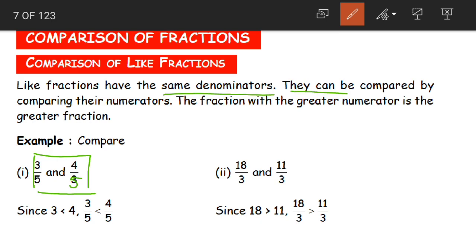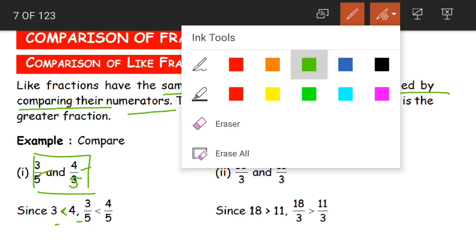As they are like fractions, they can be compared by comparing their numerators. Here 3 and 4 are the numerators, and when we compare, 3 is less than 4.